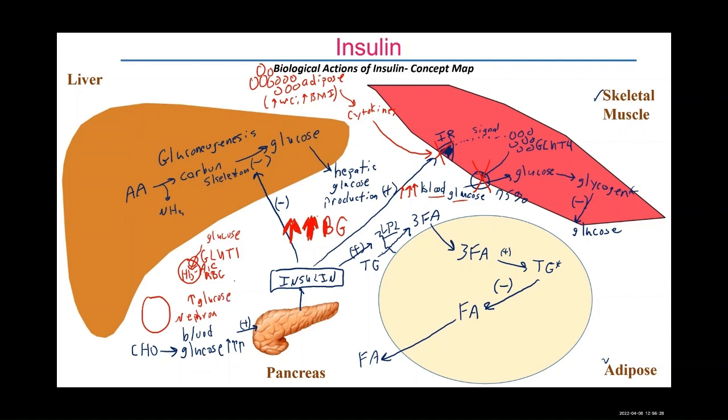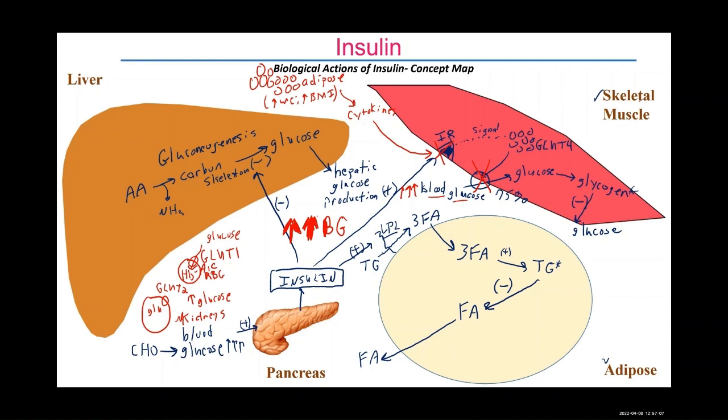It's also going to be taken up by the nephrons, the kidneys, because in your kidneys you have GLUT2, and again, it does not require insulin for glucose uptake. The only tissues that require insulin for glucose uptake are your skeletal tissue and of course your adipose tissue, but the skeletal tissue is the emphasis, right?